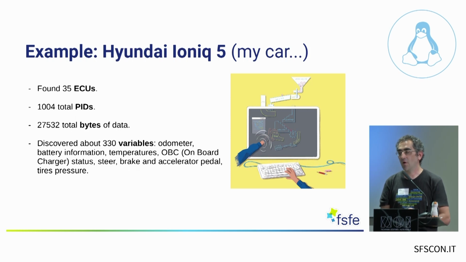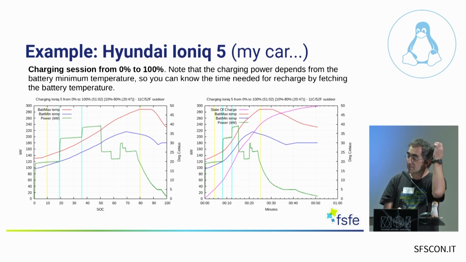I discovered only 330 variables: the odometer, battery information, temperature, the status, steering, brake, and so on. This is another example.